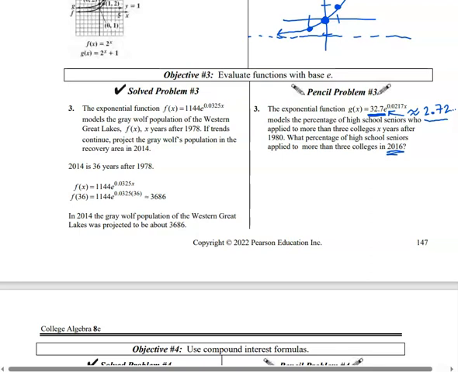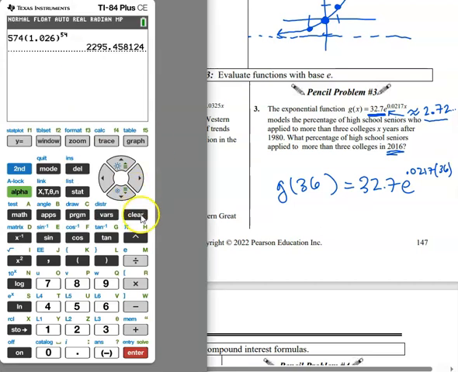And what we will have is g of which year, or what should we plug in for x? It's years after 1980, and we're talking about 2016, so that's 36 years after 1980. And so we should go 32.7 times e to the 0.0217 times 36. Depending on which calculator you're using, we may need more or fewer parentheses here.